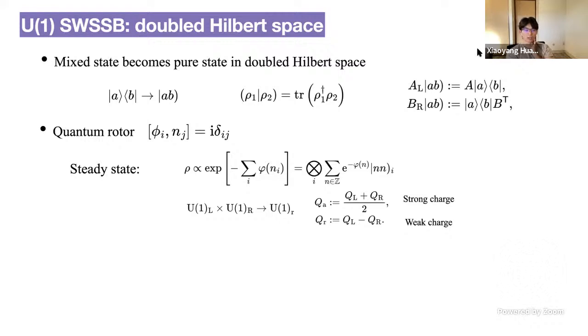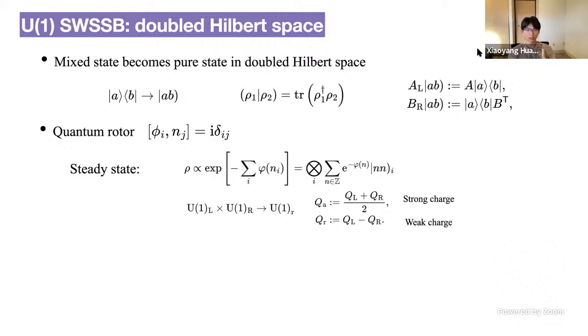So the model that I'm going to talk about is the so-called quantum rotor model, where you have the phase degree of freedom and the charge density degree of freedom on each site, and they form a canonical conjugate pair. And we are interested in a thermal steady state that is characterized by a function phi of the charge density, which basically represents a different charge assignment to different charge sectors of your density state.